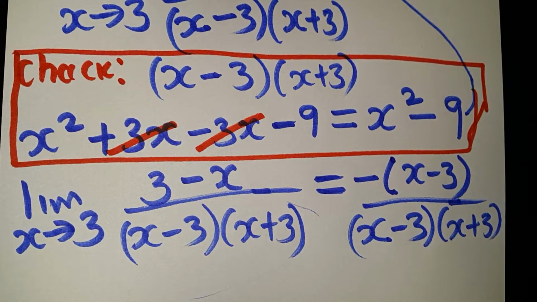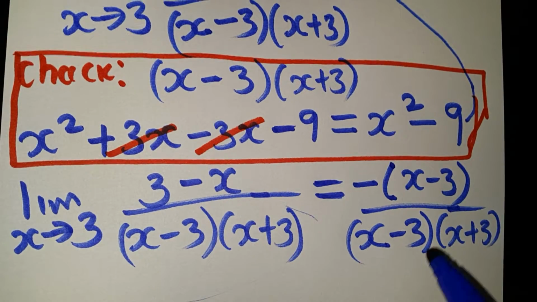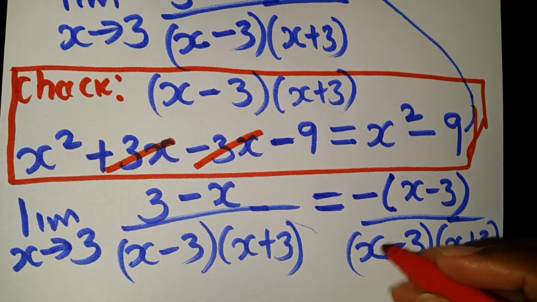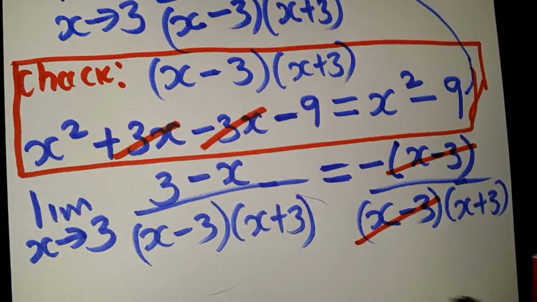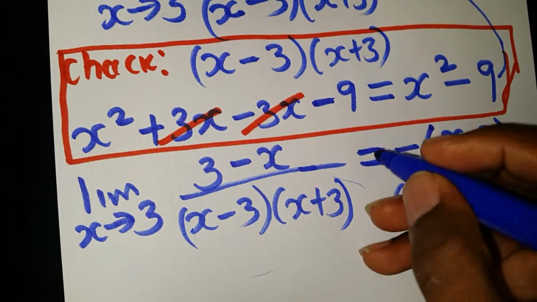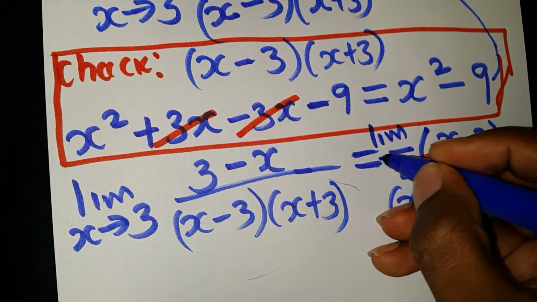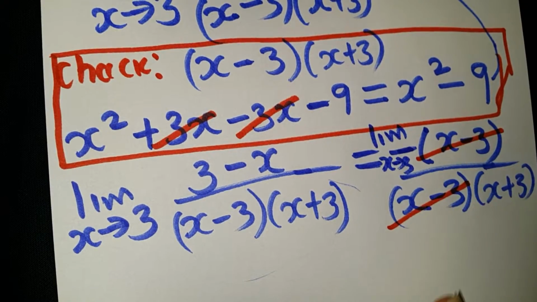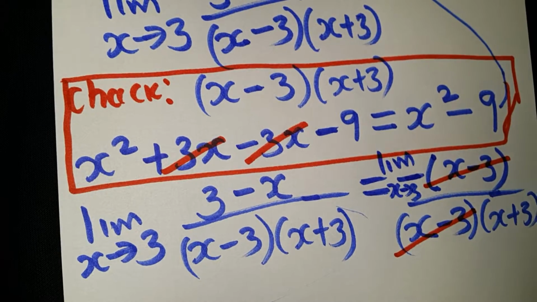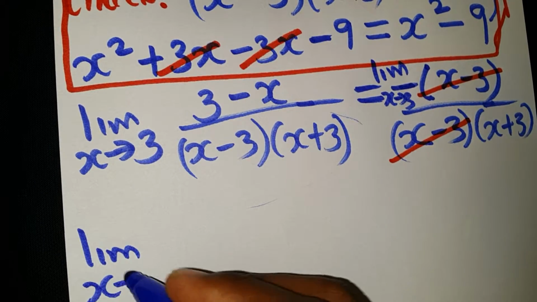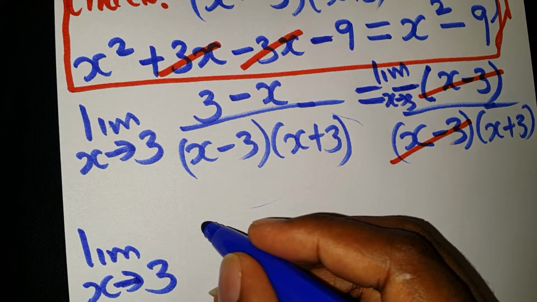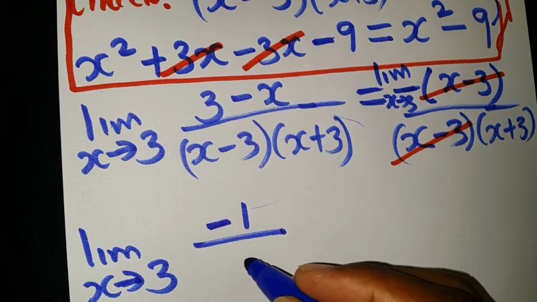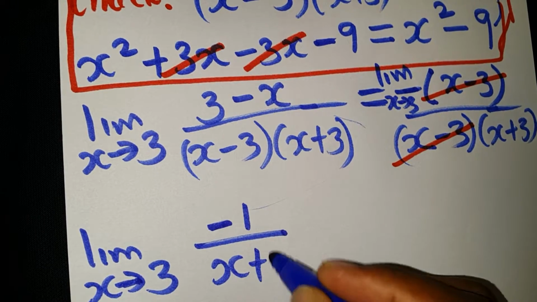So we can now cancel this one with this. Oh sorry, I didn't put the limit as x tends to 3. So we now have the limit when x tends to 3 of minus 1 divided by x plus 3.